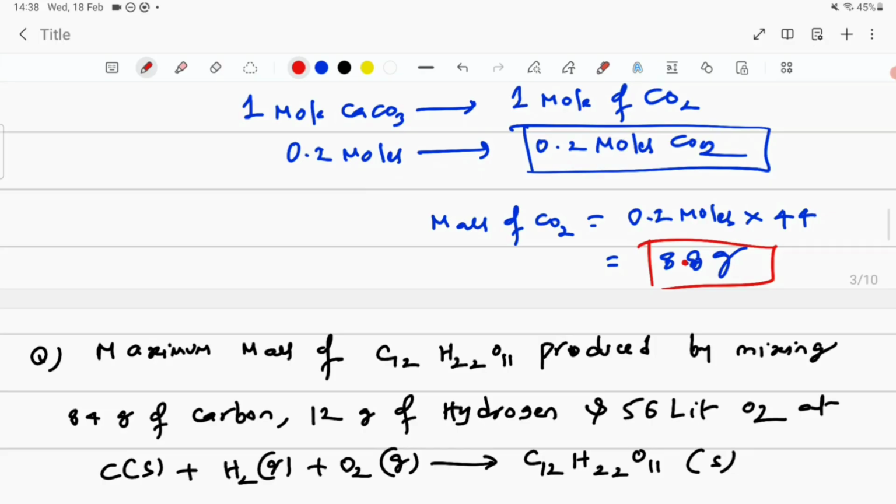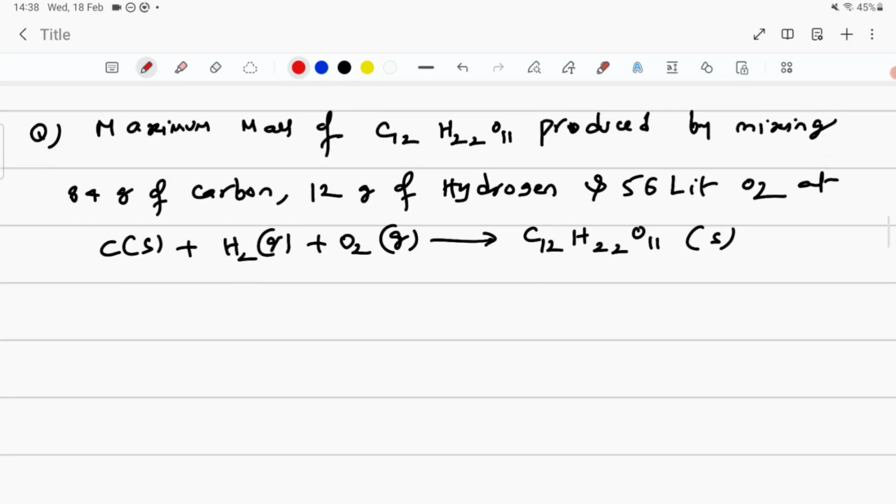Next question. Observe the question, everyone. Maximum mass of C12H22O11 produced by mixing 84 grams of carbon, 12 grams of hydrogen, and 56 liters of O2 at STP. Carbon, hydrogen, O2 reaction is given. Sucrose we need to calculate. So how do we do it? Observe the question first and you try to solve.